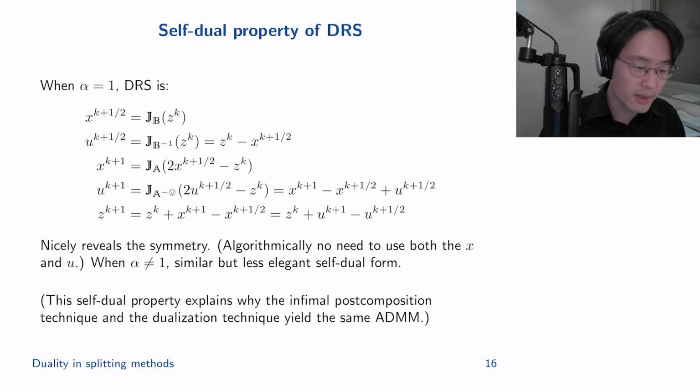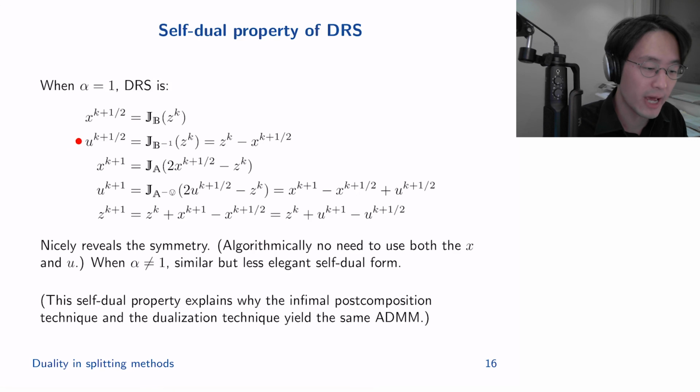But we can insert in between the uk iterates. So this is the same uk iterate. It's the same when alpha is equal to 1. But we can write uk plus 1/2 as the resolvent with respect to B inverse applied to the main iterate zk. And since in this case alpha is just equal to 1, we can also express it in this way.